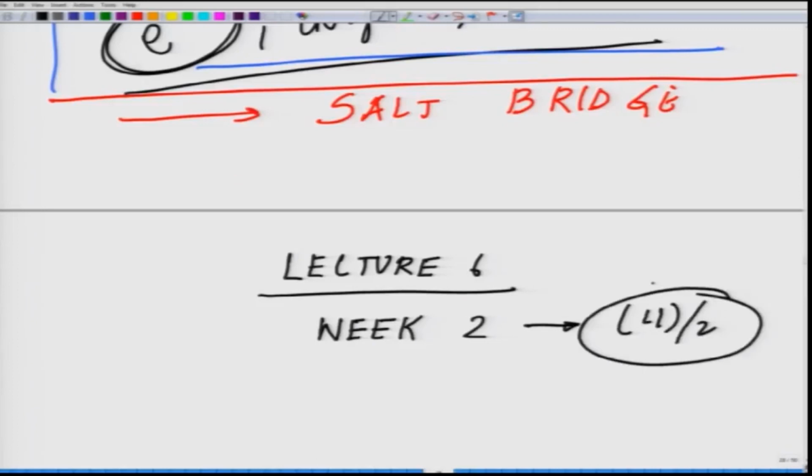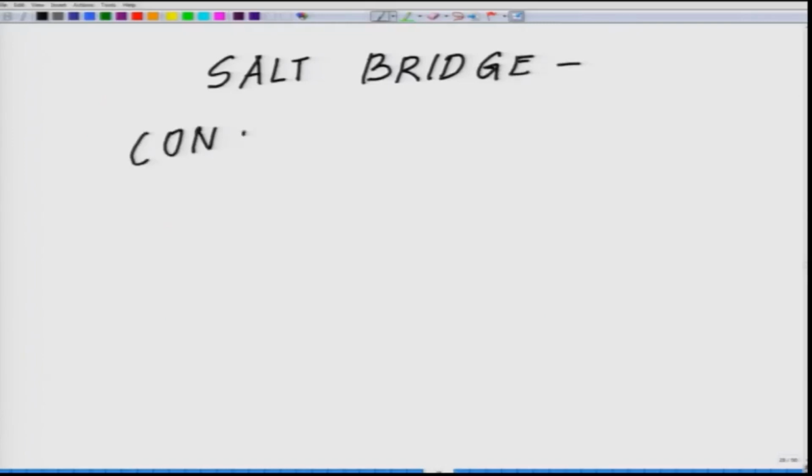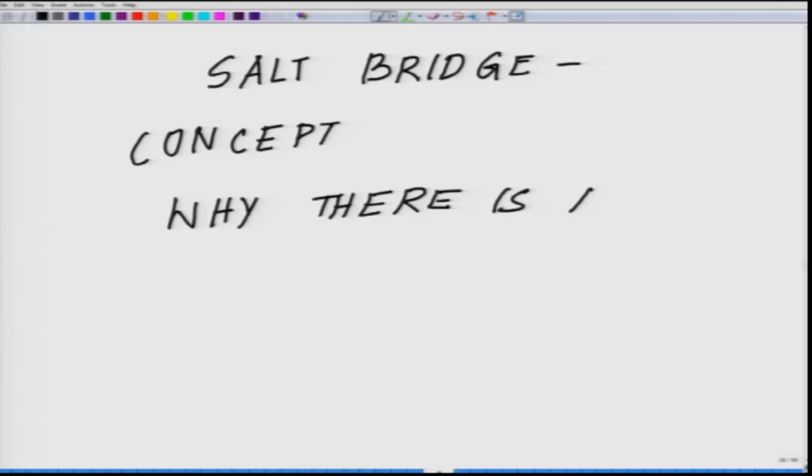Now, I built a different kind of cell today, where we will be talking about the concept of the salt bridge, and why there is a need for a salt bridge.